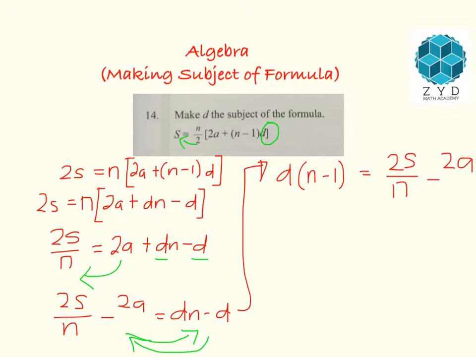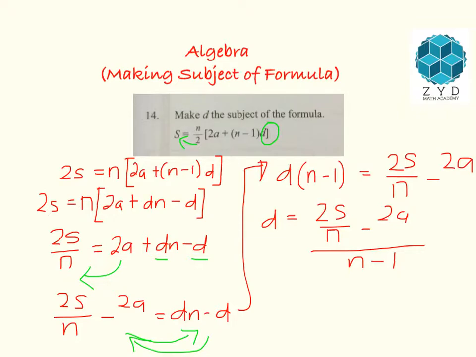Okay, so to make d the subject of formula, I simply bring down the n minus 1 to the other side, so I'll have 2s over n minus 2a, all over n minus 1. Okay, so this is an answer, and I can always simplify this further. But leaving it in this form is still okay.